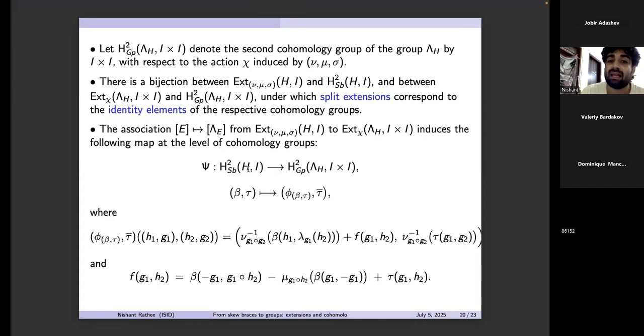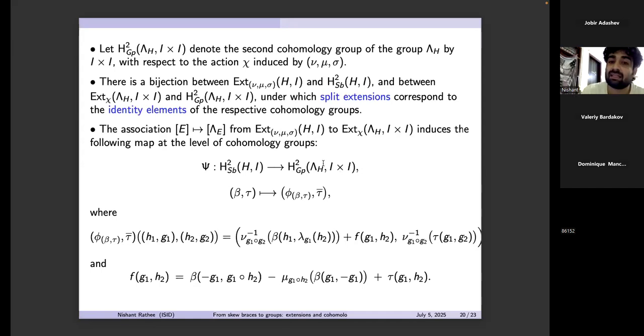So an element belongs to the kernel if and only if the corresponding skew brace extension splits. But if the corresponding skew brace extension splits, then the corresponding group extension also needs to split. So the element on the right hand side is always 0.